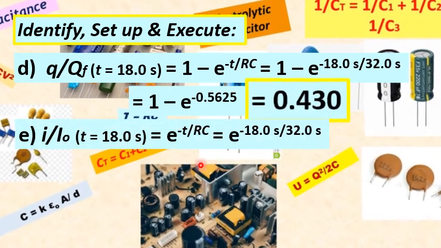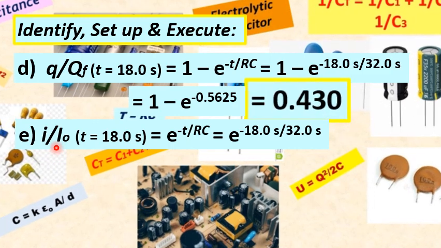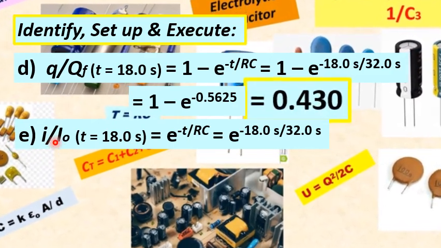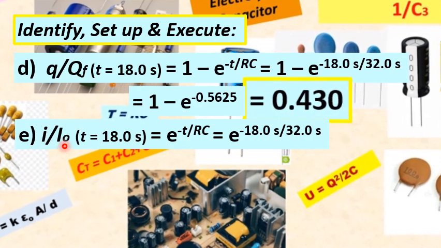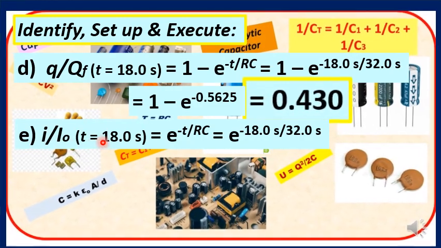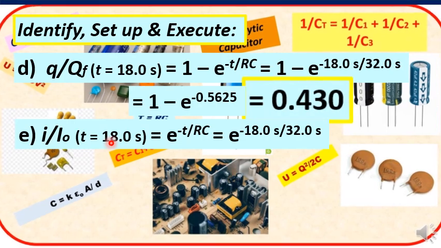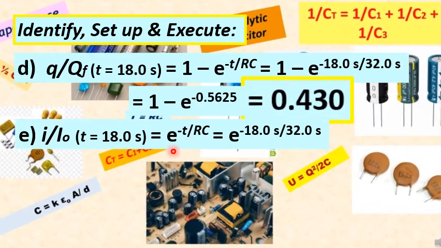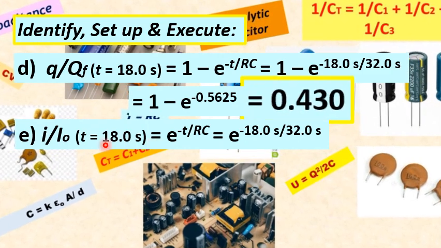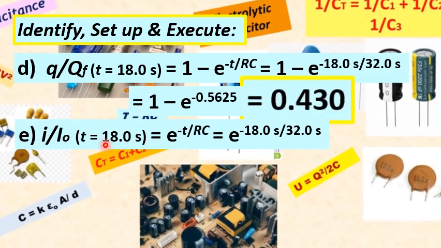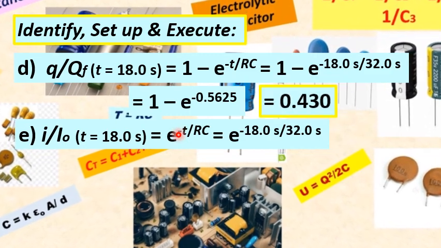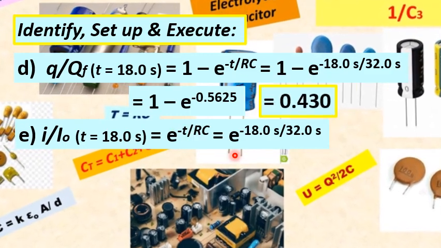And finally, for letter A, we also compute the fraction of the current small letter i over the initial current I0 at exactly time equals 18.0 seconds. All right, so the formula is small letter i over I0 is just equal to Euler's number raised to the power negative t over RC.